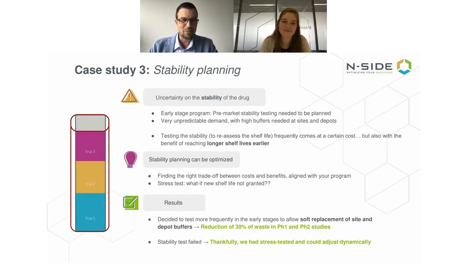Where it gets even more interesting is that things didn't go as planned, as they tend to do in the clinical programs. And after a certain point, we didn't get the expiry extensions that we had. The good news is that that was also part of our initial analysis. We wanted to figure out, we're planning for all these great expiry extensions, but what happens if we don't get them?